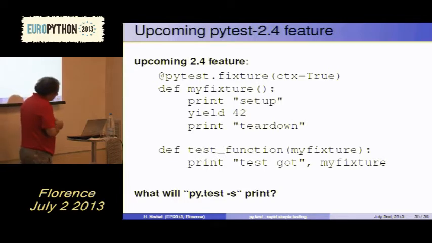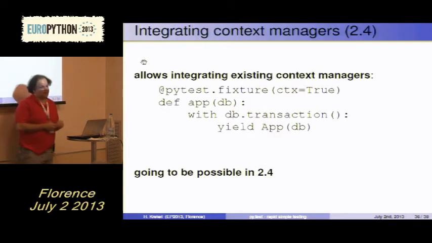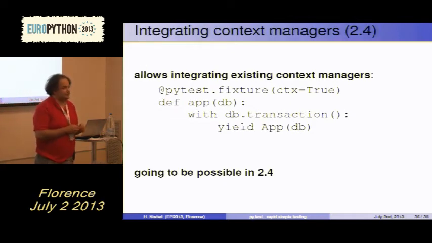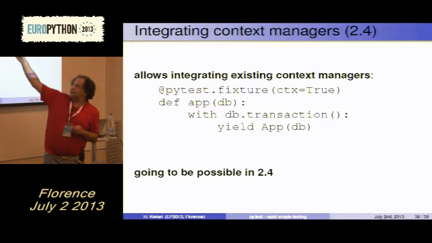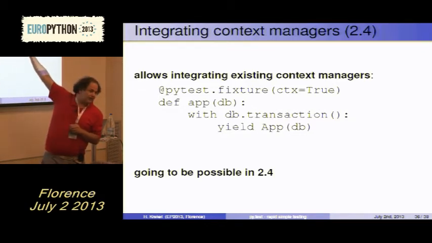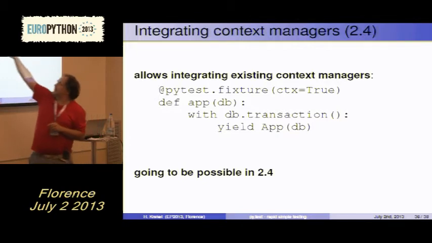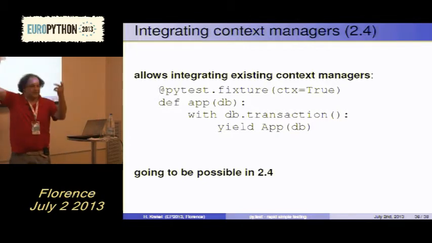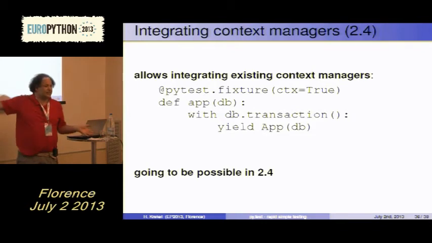So this is probably going to be introduced like this. What it means is, if you have existing context managers from a library, from your application, then you can write fixture functions like this, right? You can just say, this is my application fixture. It uses a DB fixture, and then I use some kind of context manager I have, and I provide my application value within that transaction, and that's all you need.